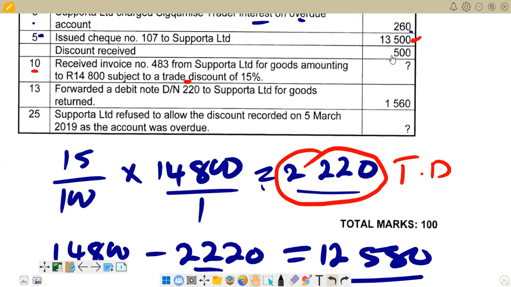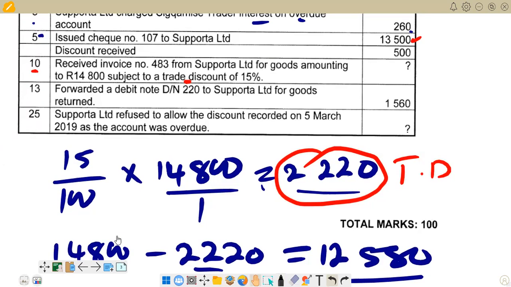Initially, we entered it on the debit side, so when we are reversing it, we are going to enter it on the credit side. This is the 25th, our date. When we are reversing, we issue what is called a journal voucher. On the details part, we take the information from the general journal, and this is the cancellation of discount. We are just going to enter the 500 here.